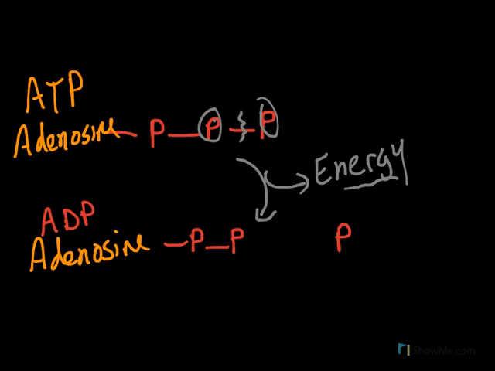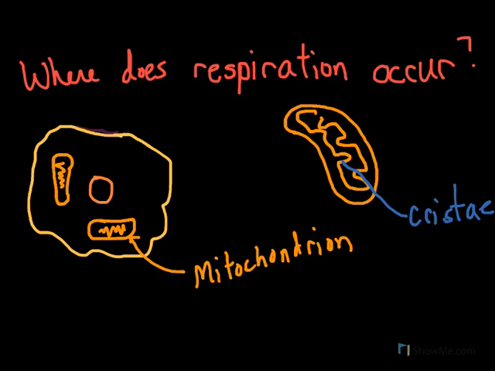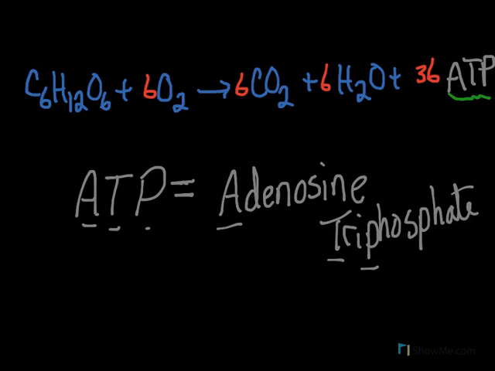Okay, a couple other things. Why does the cell do this conversion from glucose to ATP? If we look back at our formula, why does it go from the energy stored in glucose to the energy stored in ATP? The answer is that glucose is one very large molecule, which has a lot of energy stored in it.